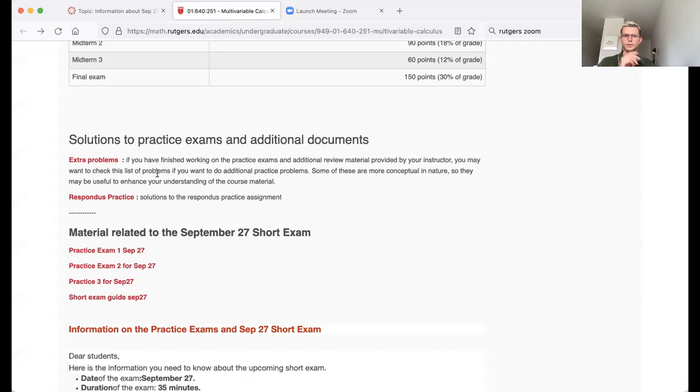Another thing that's important to say is the way in which the exam will work. As I said in the first class, we will be using Respondus. I don't know if people have used Respondus in the past. If you haven't, I do recommend you try this.